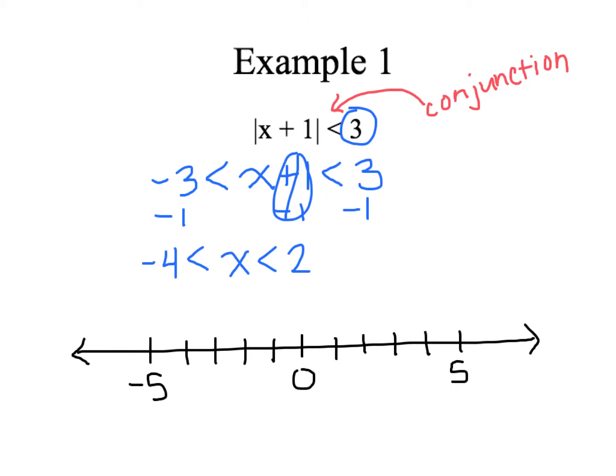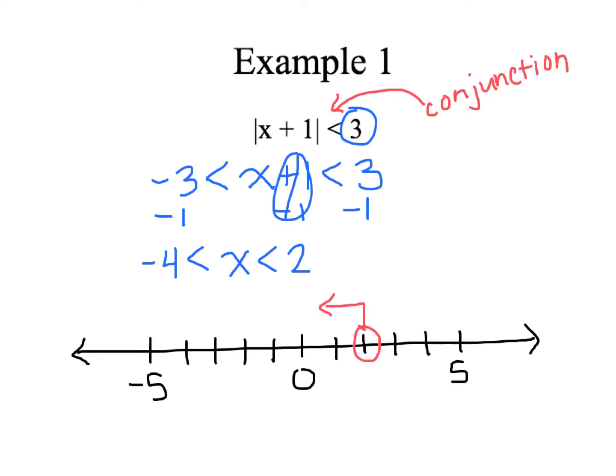So you're reading from the inside out. So x is less than 2. So I'm going to go to 2, 1, 2. And it's an open circle because it's not less than or equal to. It's just less than. So it's less than 2.